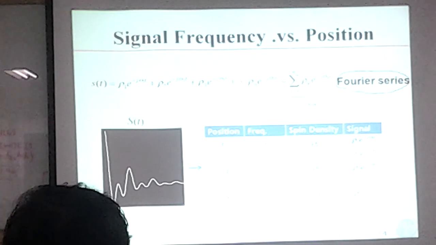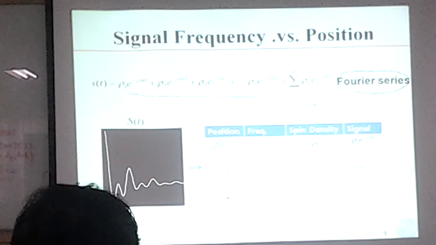This table explains this equation. For each position, the signal frequency is determined by the gradient field strength, and this omega n can be represented by the Larmor equation, right?